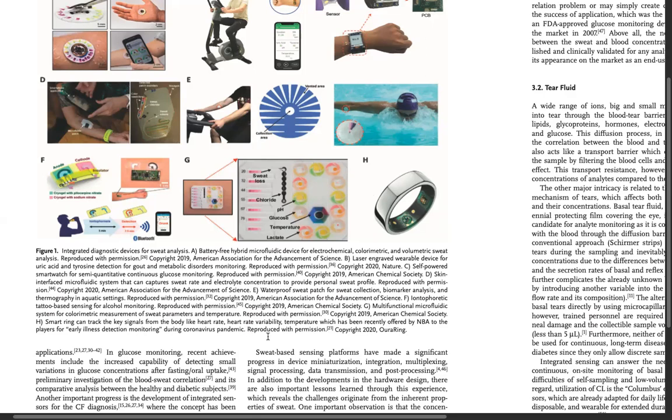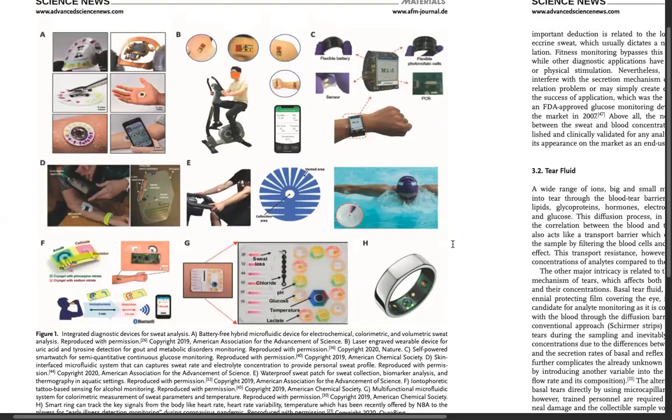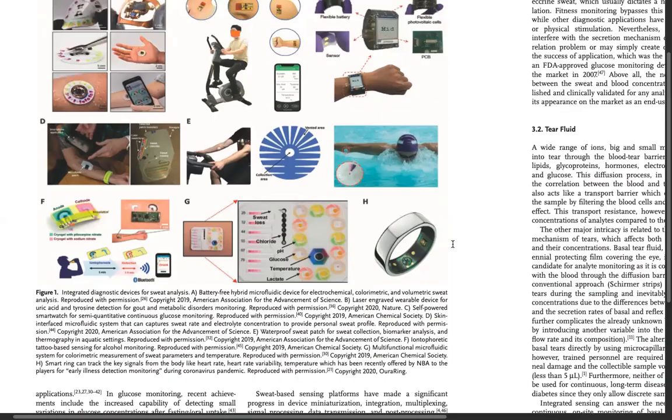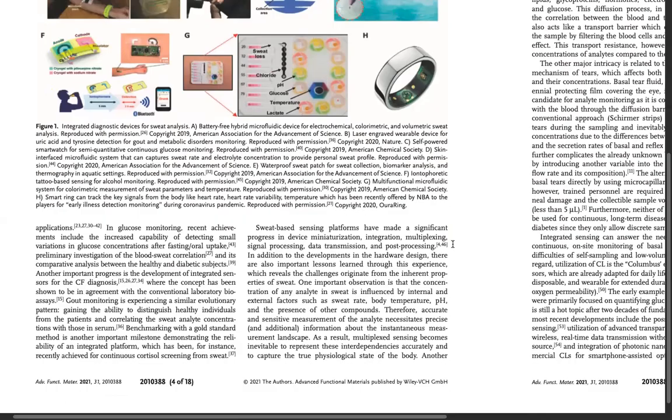You can see here, reproduced with permission. So you have to email the publisher asking, I would like to reproduce these figures from this journal for my review publication. You have to ask permission before you send it to be considered for publication.